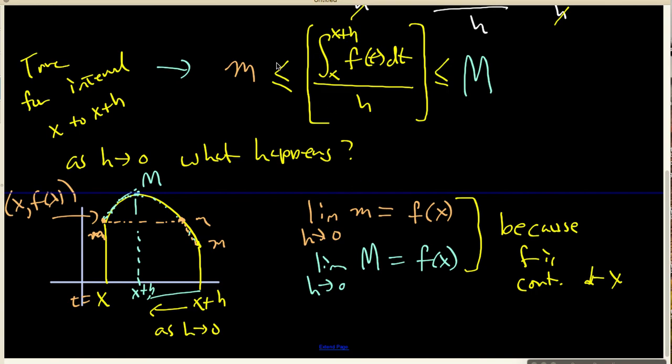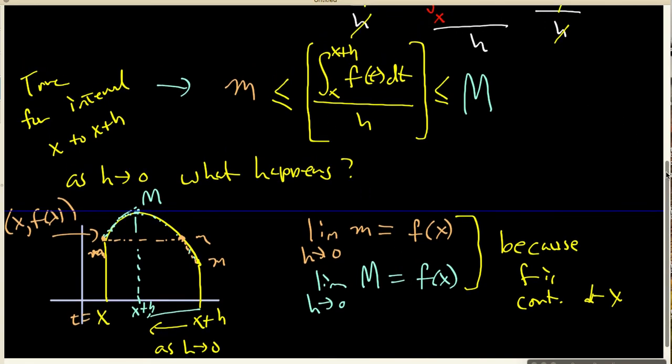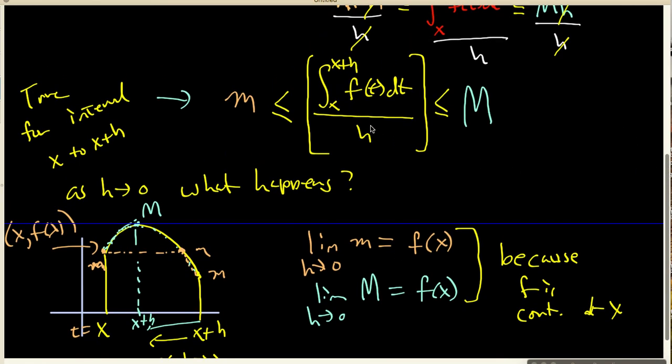Now, what this means is that we now know that as h goes down to 0, this thing winds up being trapped between two things that are going to f of x. Let me state that very carefully.